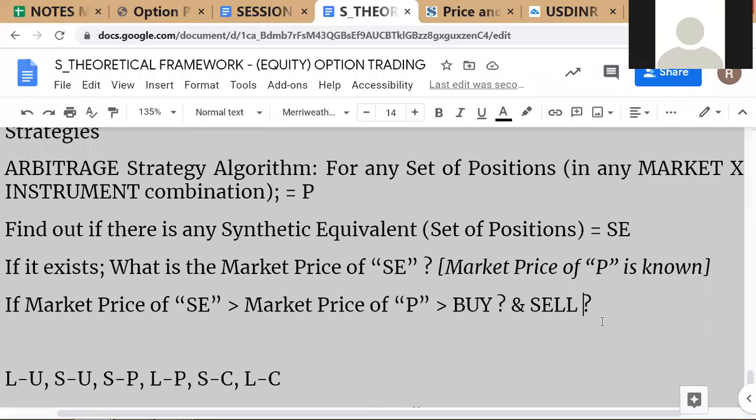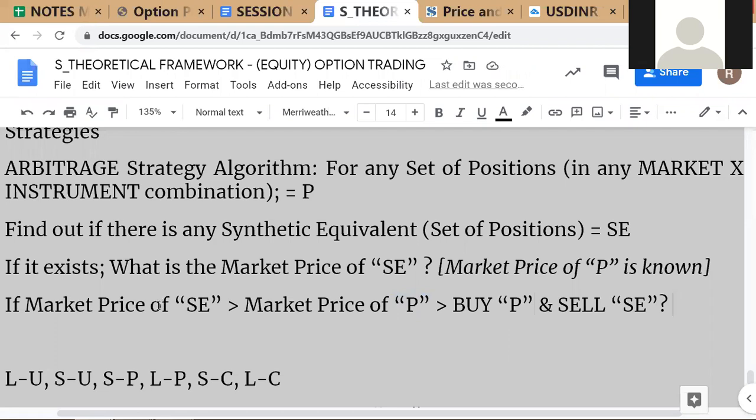So we'll sell the SE and we will buy at the market price. Now you'll notice here that you're not left with any position. You're going to buy P and you're going to sell the synthetic equivalent.